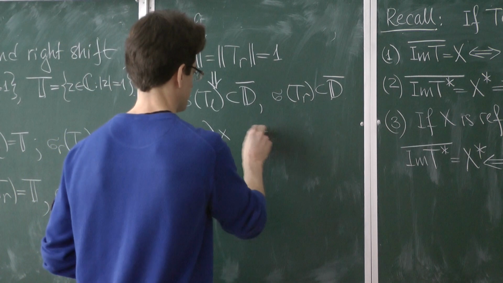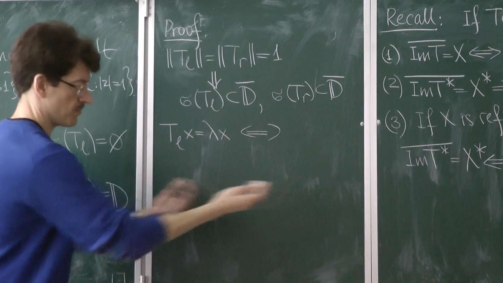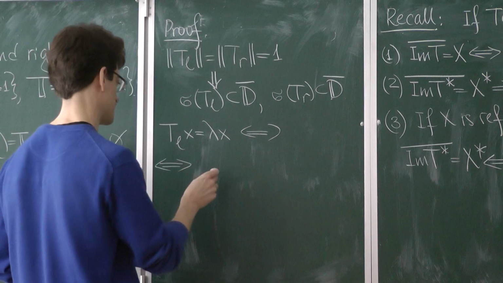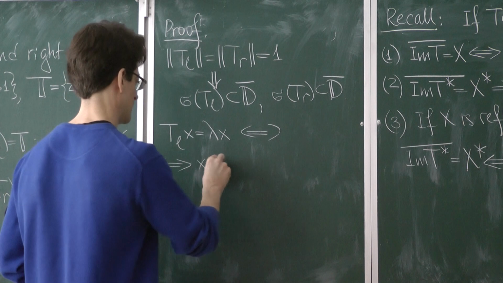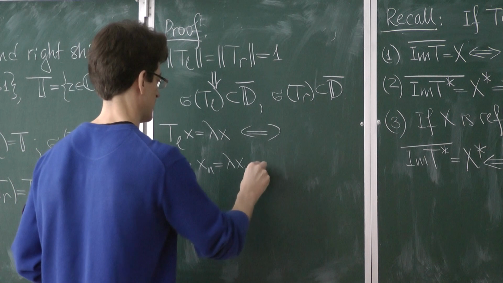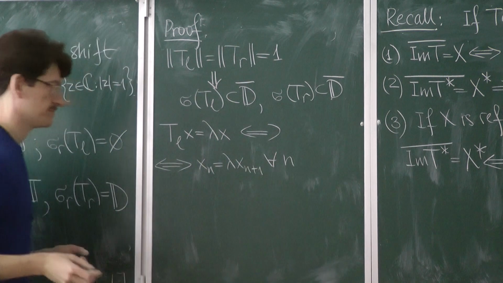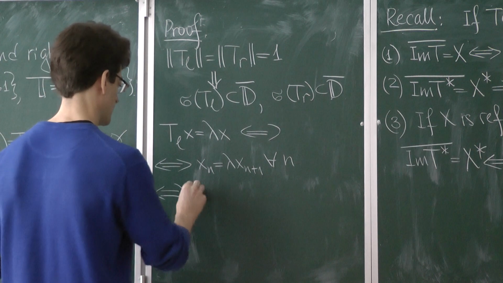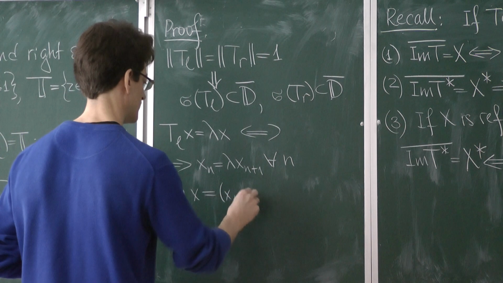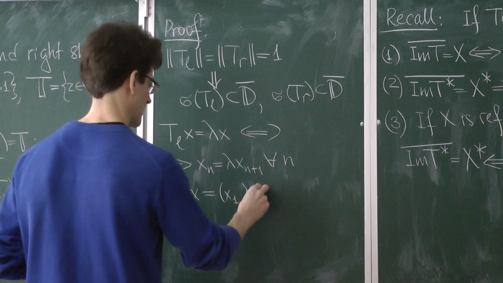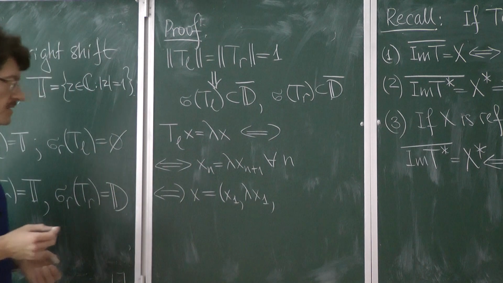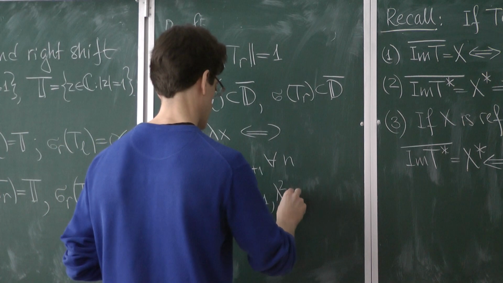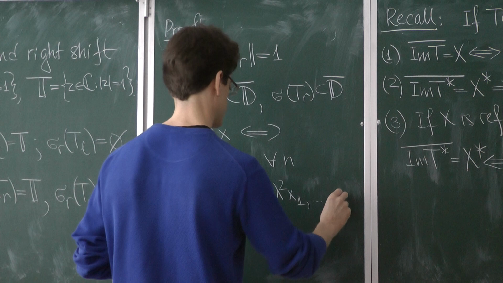The left shift operator shifts to the left, so this is equivalent to the following system of equations: x_n equals lambda x_{n+1} for each n. And this means that x has the following form: we have x1, x2 is lambda x1, x3 is lambda x2, or lambda squared x1, and so on.